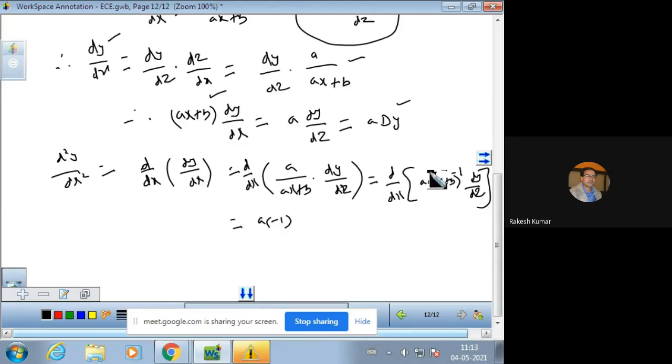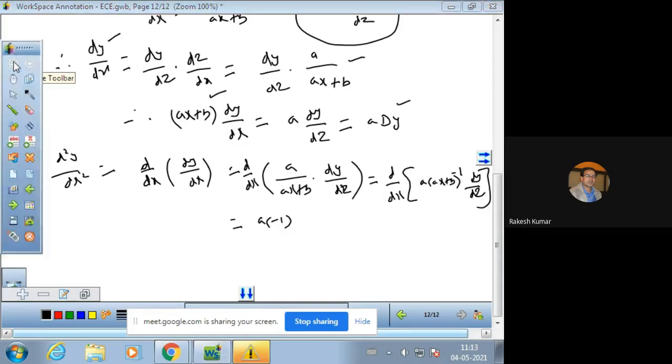A can be taken out. Remember, this is a constant. Constant can be taken out of the differential term. So it will be written here. So inside we will have (ax plus b) inverse. So a can be written out, derivative u into v formula.